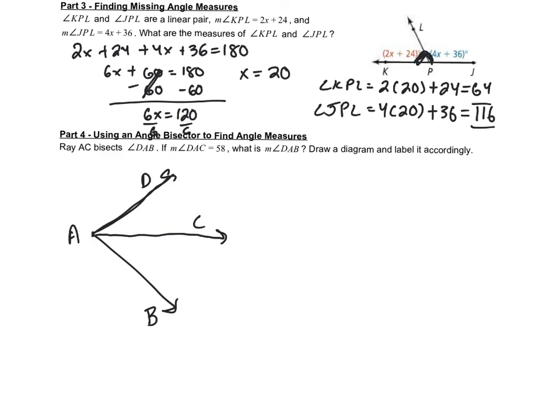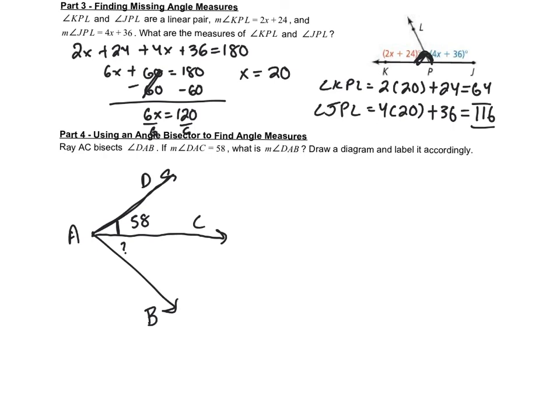And if DAC, so this mark, is 58, then what is this angle right here? Well, we could go back and look at the definition of an angle bisector. An angle bisector is a ray that divides one angle into two congruent angles.